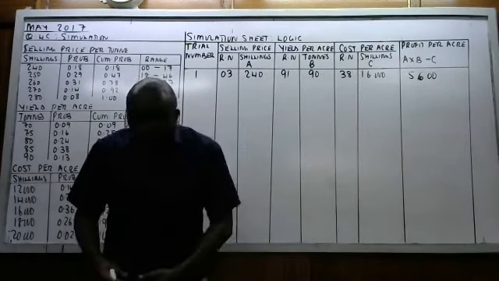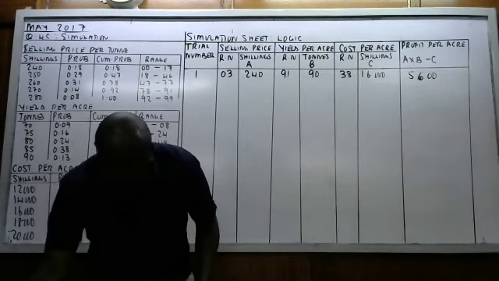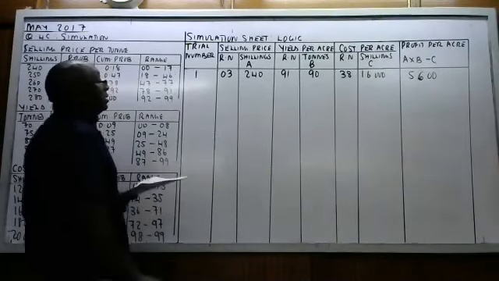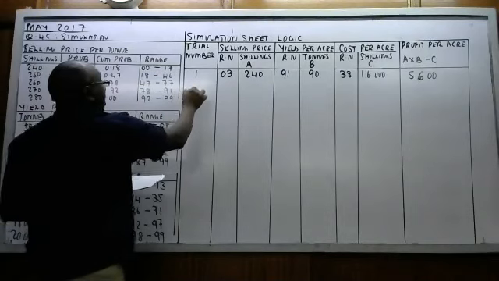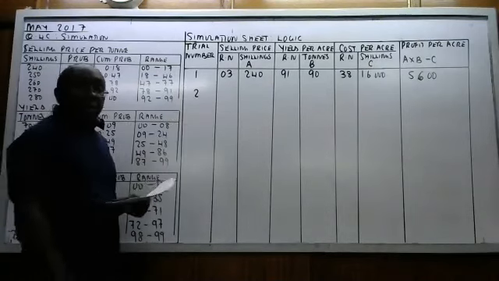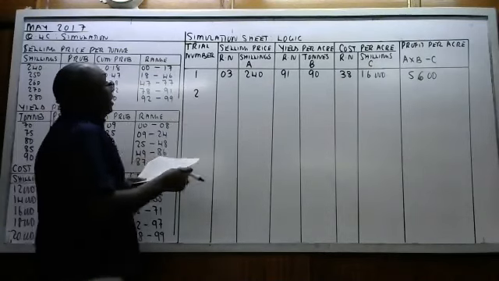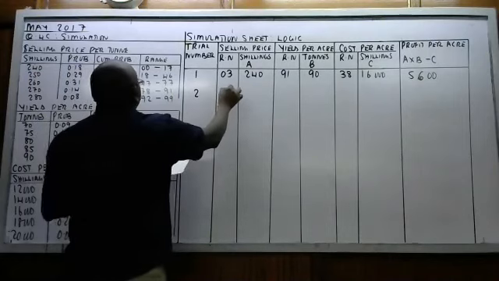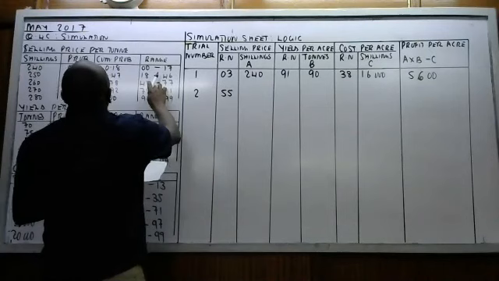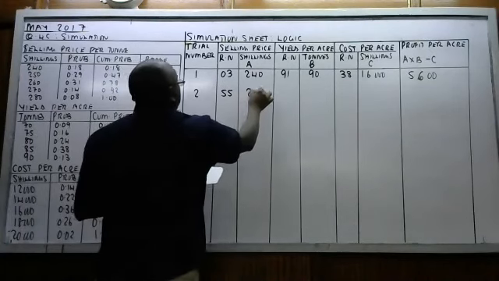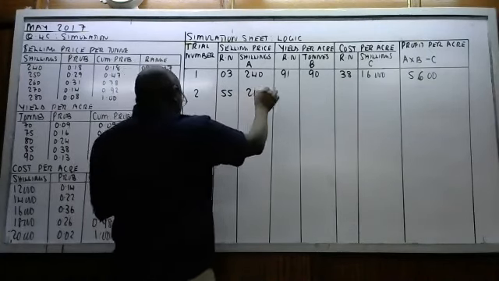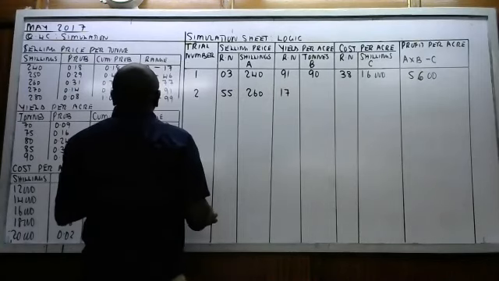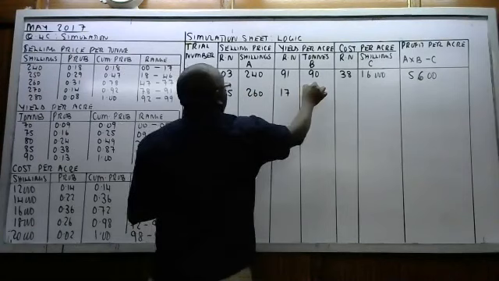Send your answers. Great. 5,600. The next one after 38 we have 55. So 55 goes up to 260. After 55, I have 17. 17 is here, it is 75.